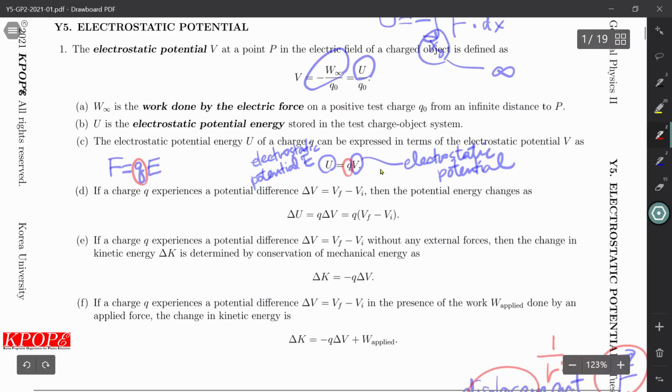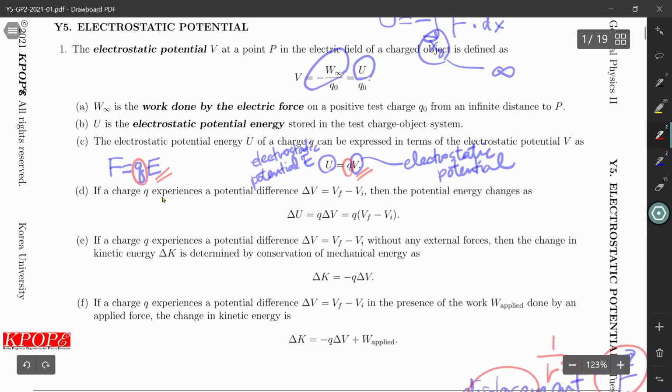The electrostatic potential is independent of the magnitude or sign of the test charge. It depends only on the surrounding charge distribution, apart from the test charge.